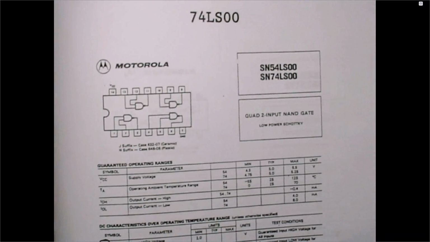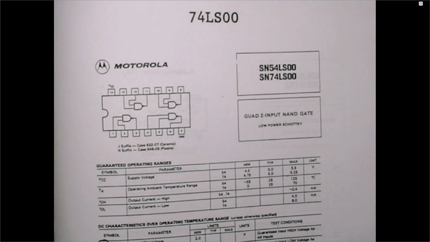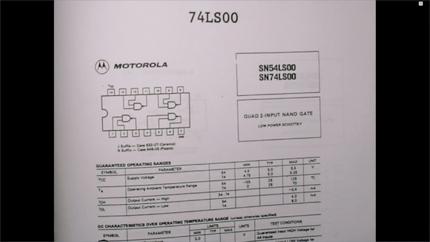Now see here on page 107, at the beginning it's written 74LS00. That means this is a data sheet for the IC. For every IC, we have a data sheet. Almost all data sheets you can find online, but just to help you out, we also gave you the data sheet at the end of this manual, okay?